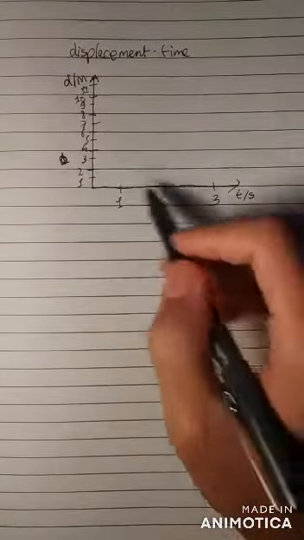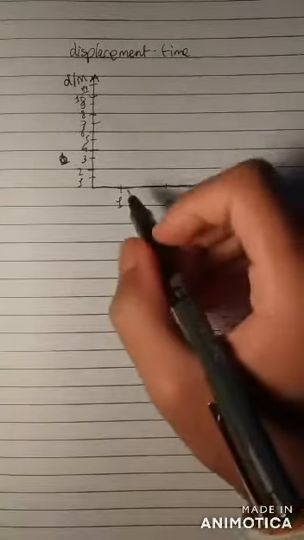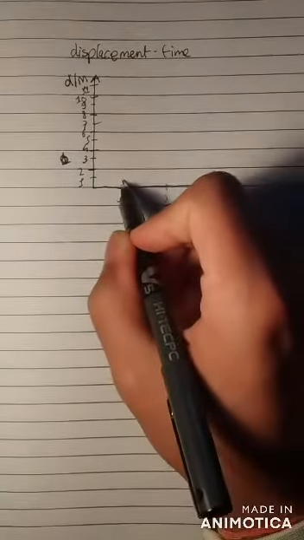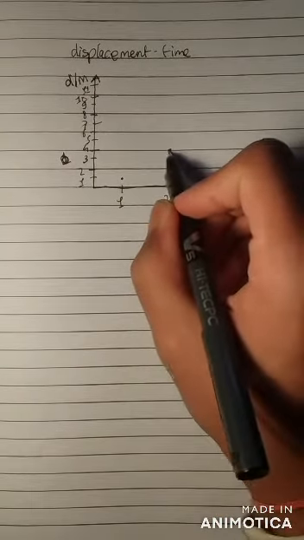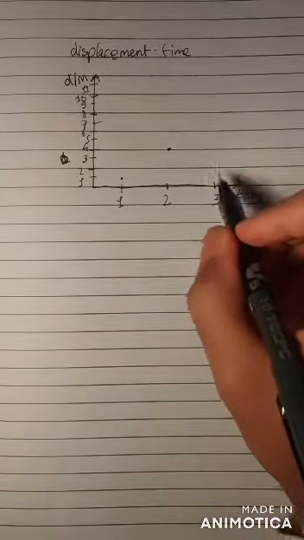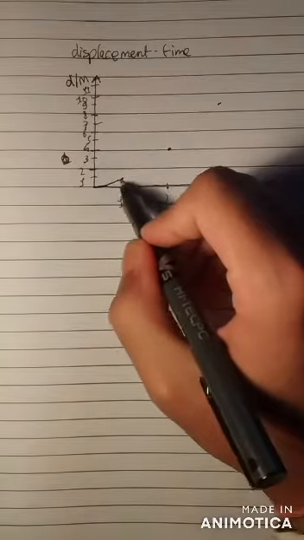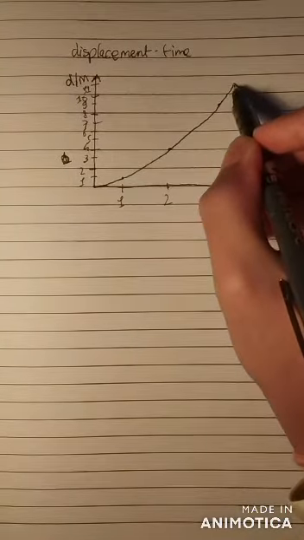This is not in uniform space, as you can see, it's just the concept. So if in 1 second I travel 1 meter, in 2 seconds I travel 4 meter, in 3 seconds I travel 9 meter. If you join this, it would make a uniform curve.